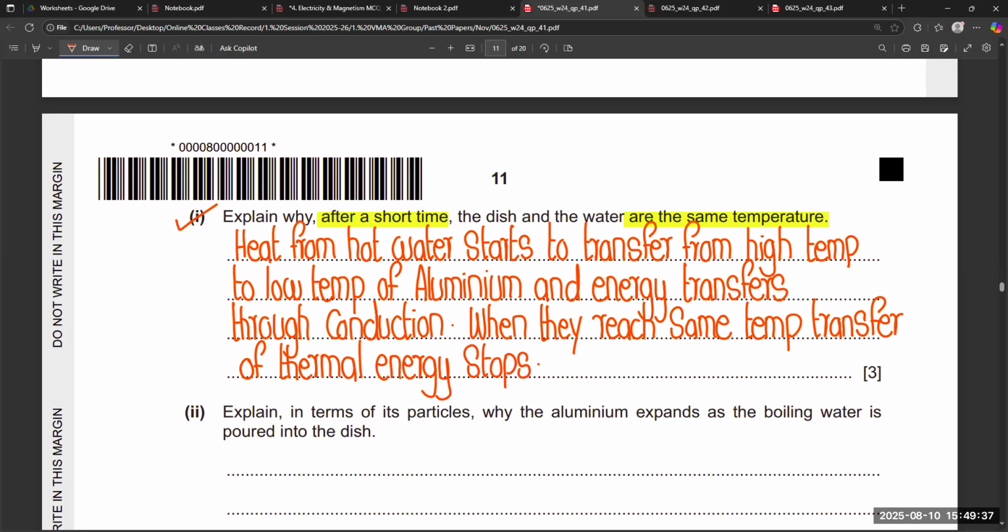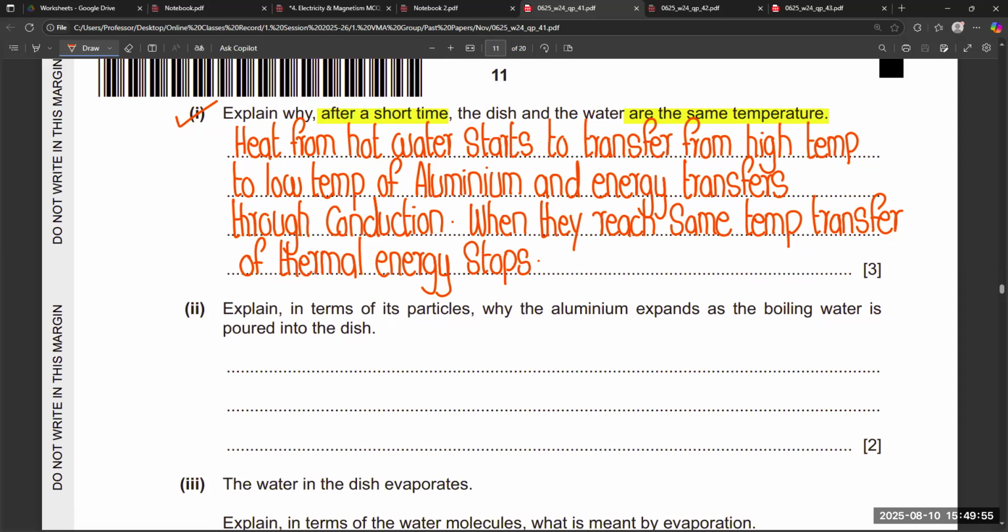So initially, thermal energy transfers from the hot body to the cold body, and at a certain time, when the temperature of both bodies becomes equal, then the transfer of thermal energy from the high temperature body to the low temperature body stops, and no thermal energy then transfers from the hot body to the cold body.